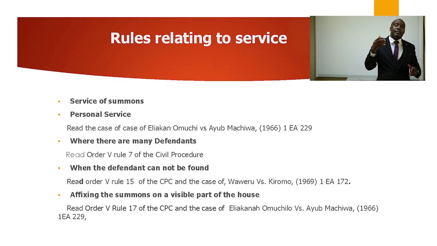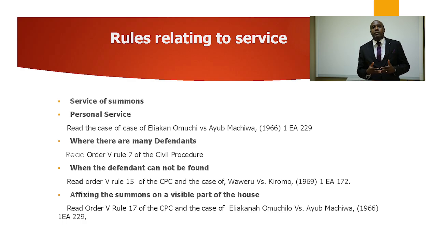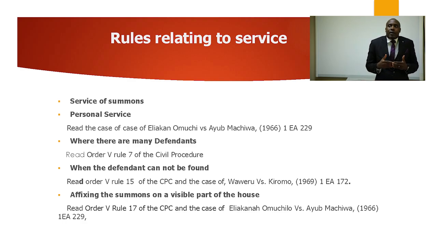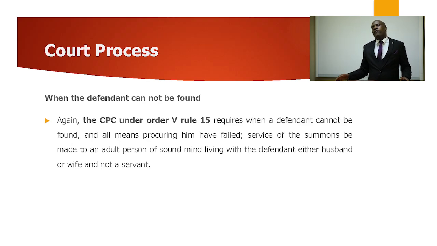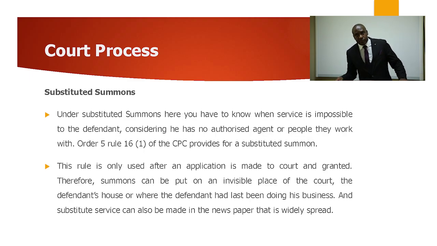But there could be some services, where the summons is served to other categories of persons other than personal service. Therefore, if a person to be served has not been found, another type of service is opted for, which is the substituted service.